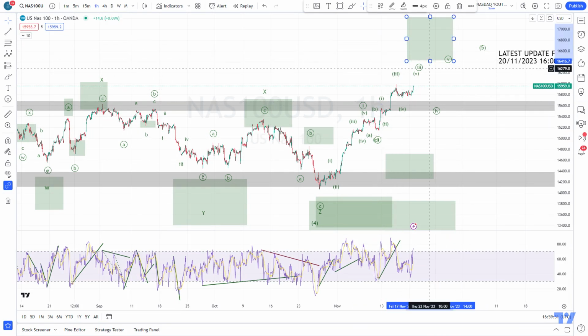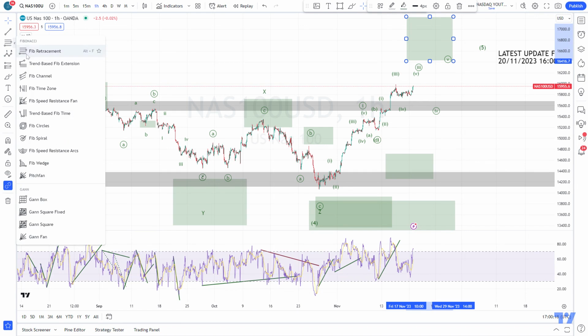because in terms of waves, if this is our 3, then you should know like 3 cannot be the shortest. So if our wave 1 is the longest, then the second longest should be the wave 3. And then if our fifth wave should be shorter than the third wave, you can automatically see that not much upside is left. This might be an interesting target area right here.